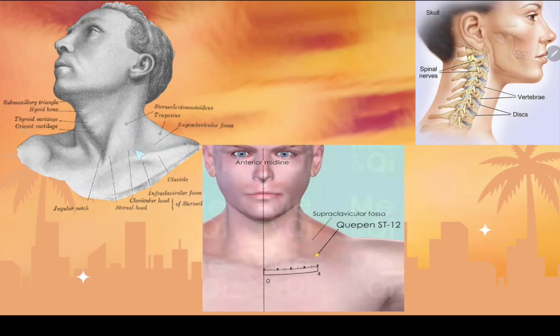Supraclavicular fossa, you can see on the lateral side, because this is the lateral side, then this would be the medial side, right? So lateral region, firstly. Secondly, above the clavicle, so we call it supraclavicular. Then fossa means it's a kind of depression, right?